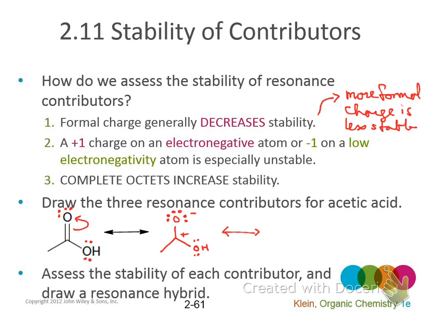So okay, let's see. So the next contributor. Again, I draw the skeleton. I still have that negative charge there. Like this. Okay. Oh, actually, I need to fix something real quick.